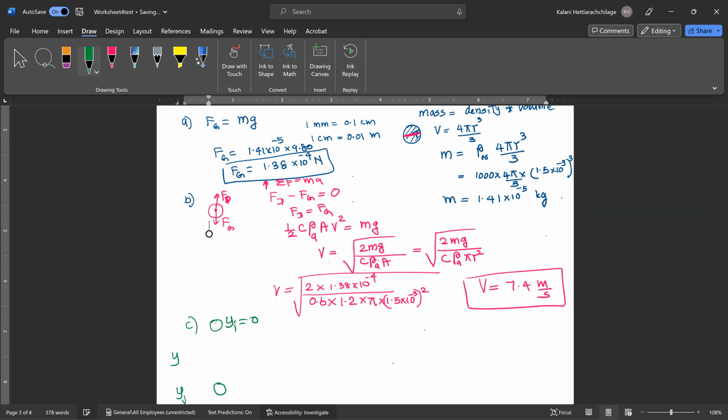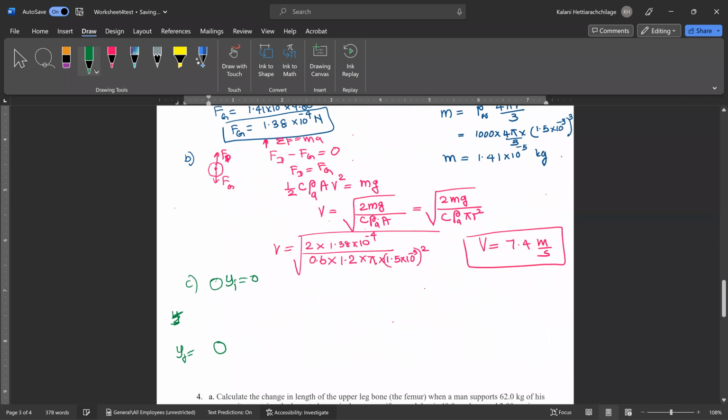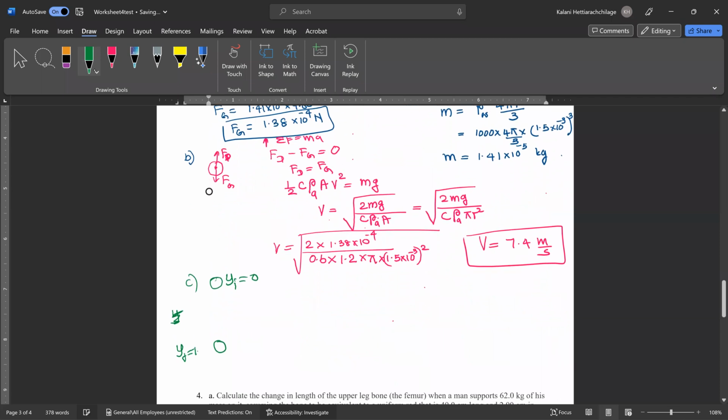This is y final, going to be given in the question, 1200 meters, and this is going down with the acceleration equal to 9.80 meters per square second, right?